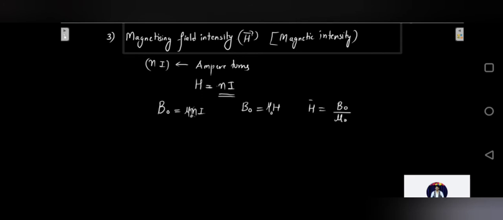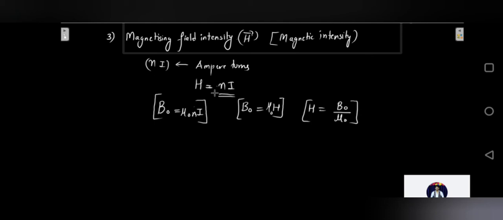These are important formulae as far as our problems are concerned. This is how you arrive at this formula.